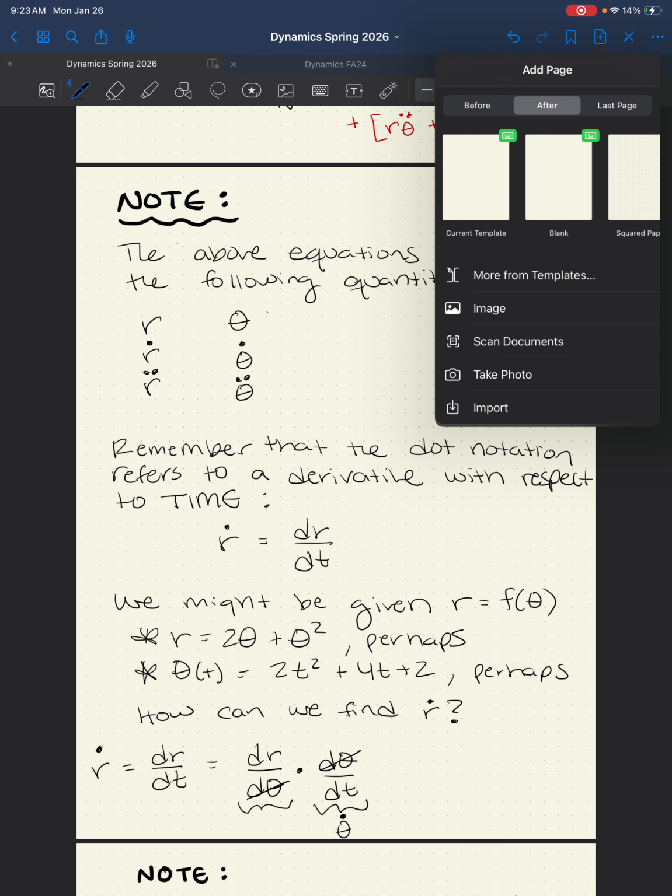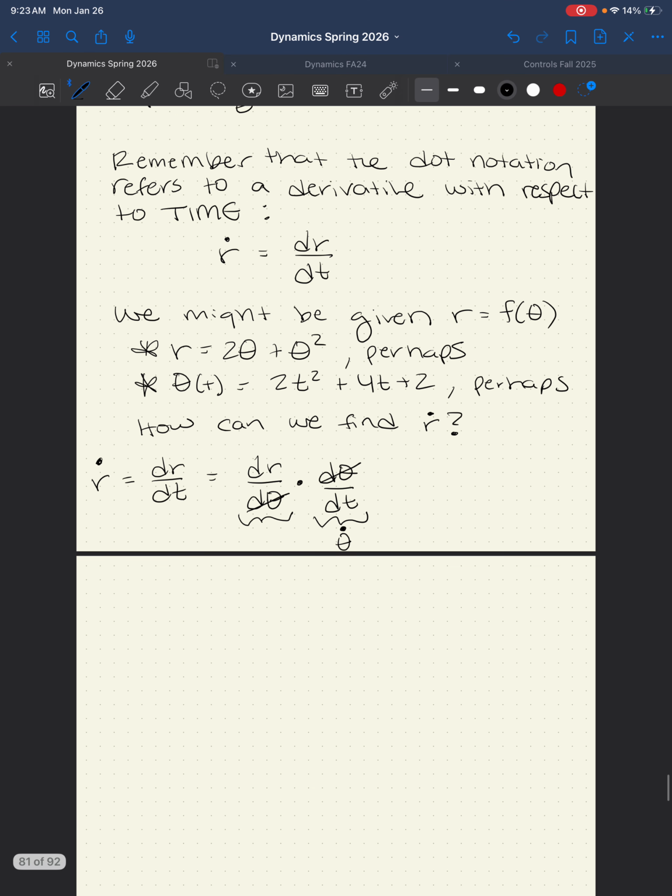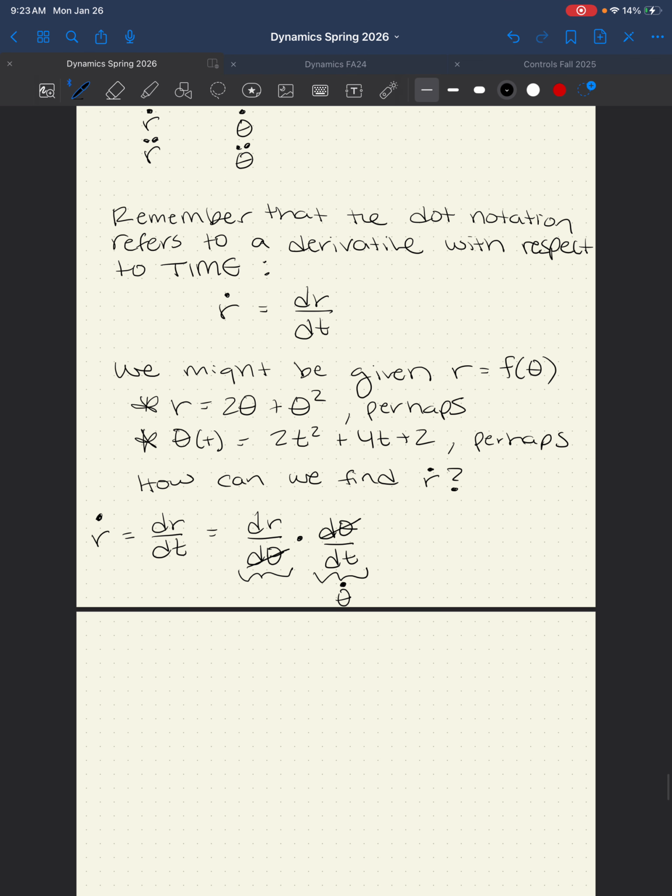So let's maybe finish up this example. So if I need r dot, let's find dr d theta. Dr d theta would be equal to 2 plus 2 theta. And then d theta dt would be equal to 4t plus 4.